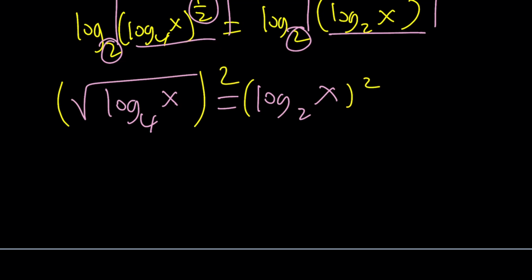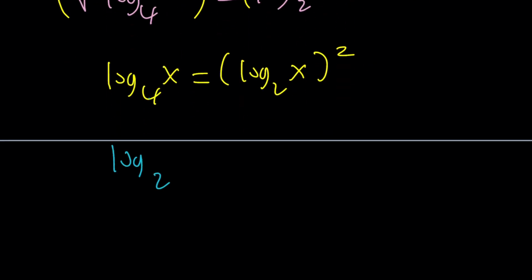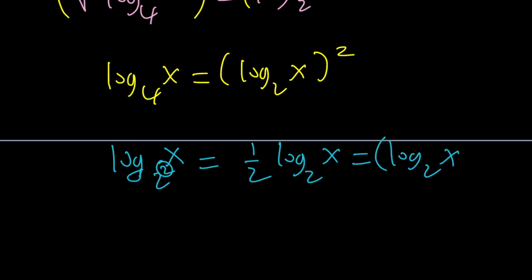And now we get log x with base 4 equals log x with base 2 squared. Again, the relationship tells us I can write this as 2 squared and then bring the 2 to the front, but it's going to be 1/2. So this is going to be 1/2 log base 2 of x equals log x with base 2 squared from here.